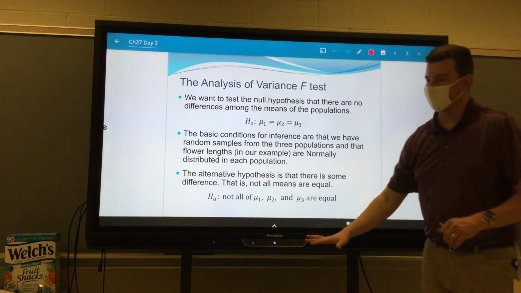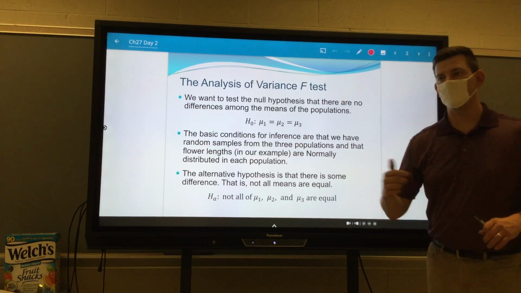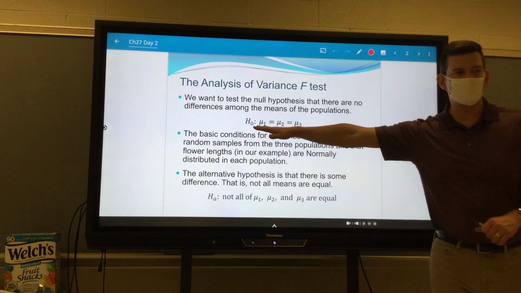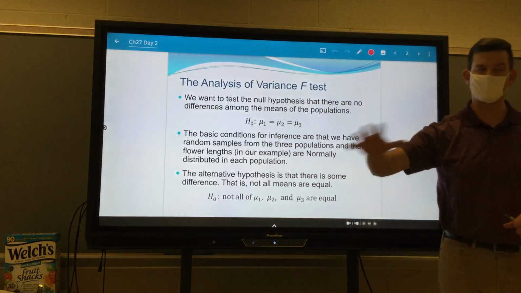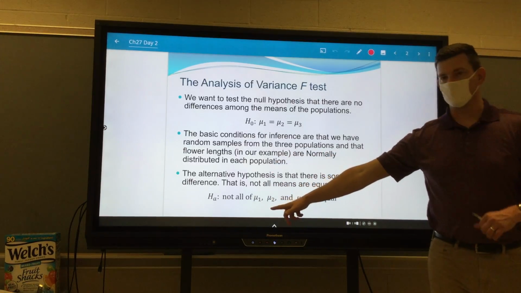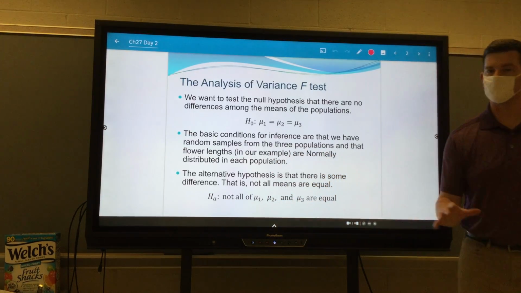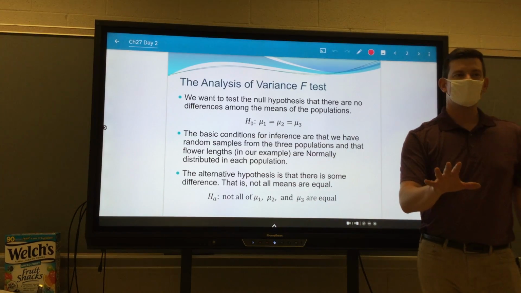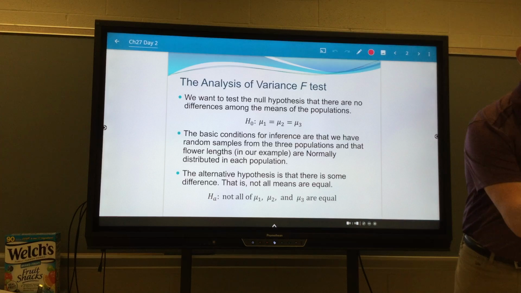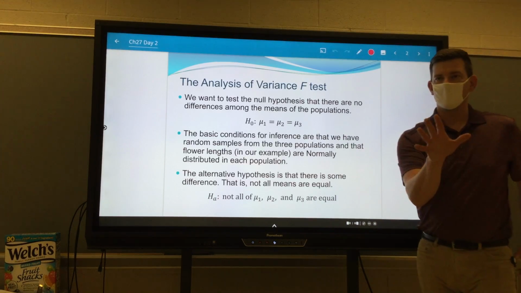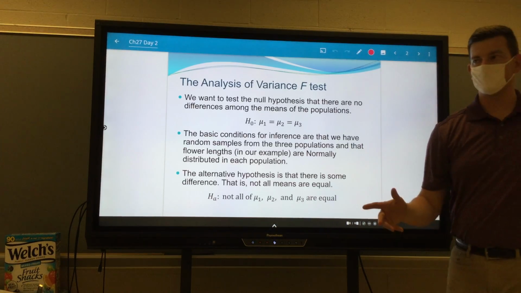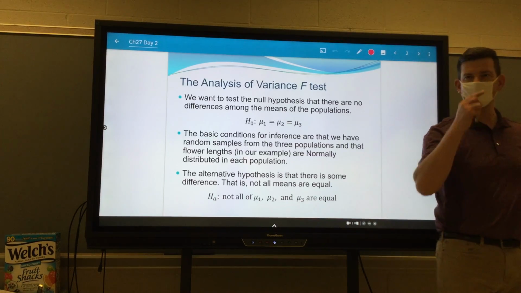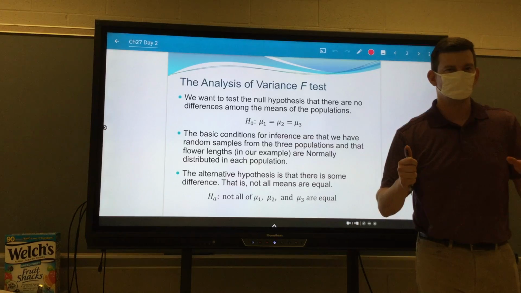The alternative hypothesis, a lot of times people want to jump in and say it's like the opposite of this. So if you're saying in the null that all of them are the same, your instinct is to say as the alternative hypothesis that all of these means are different. And that doesn't have to be like that, okay? Because that's not actually the opposite, or in a mathematical sense or a probabilistic sense, the complement.